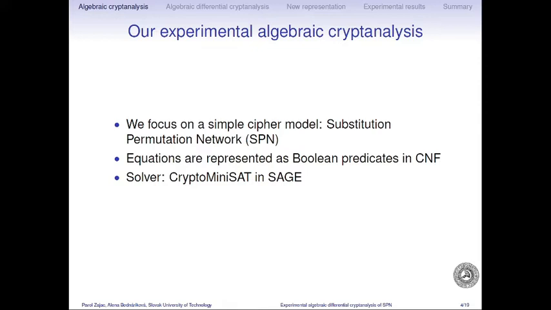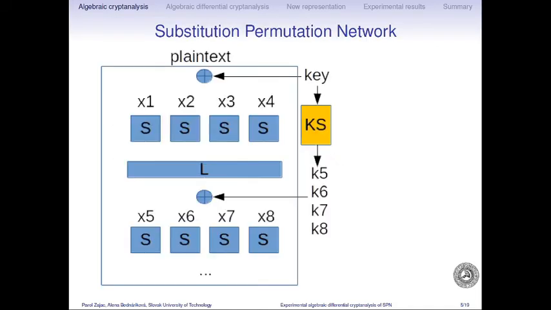We then feed this CNF into CryptoMiniSat in the Sage package, and from the Boolean predicates we expect that it is satisfiable, and the substitution of variables will give us a key to the substitution permutation network. And we are interested in how long it takes, and whether we have some false solutions, or whether we have a unique solution.